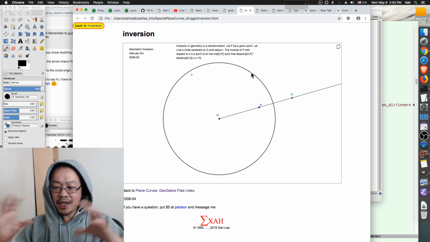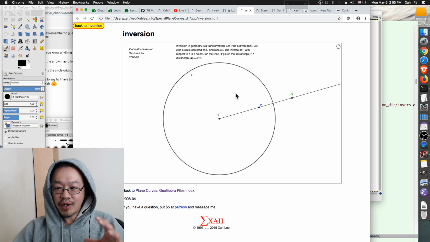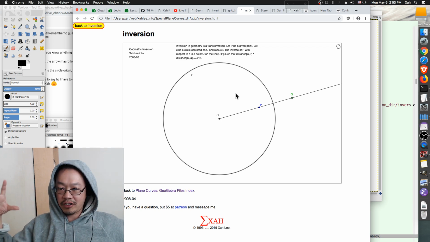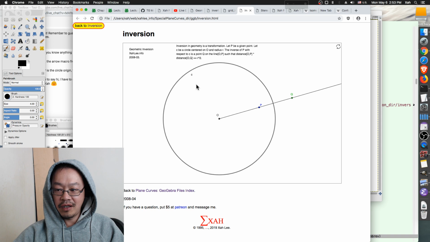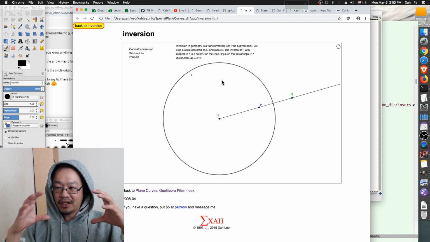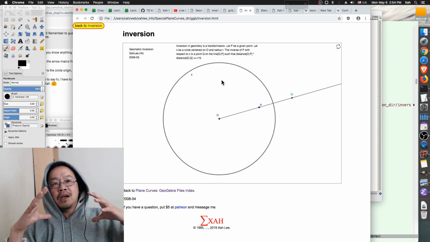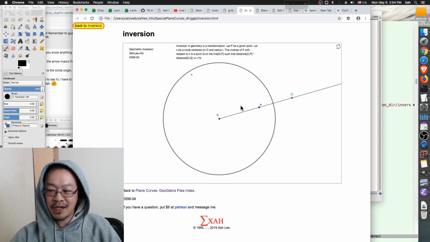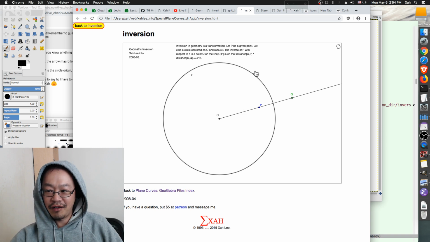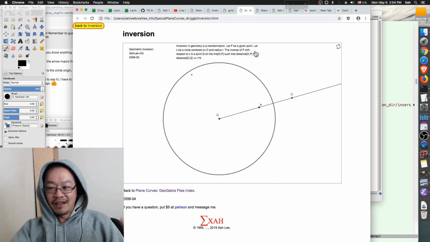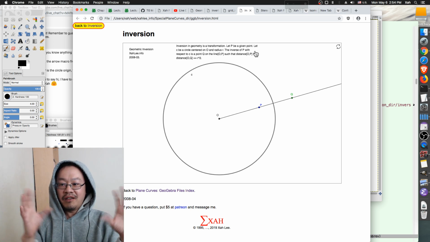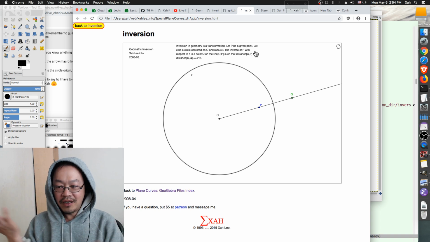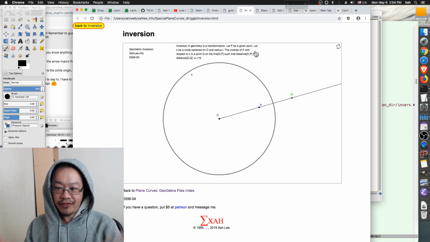But anyway, what I'm trying to show is that as the inversion circle becomes larger and larger, imagine it gets infinitely large, so that the radius becomes infinity, and the circle actually becomes a line. That is when this inversion becomes just reflection. So again, we have the concept of infinity involved.